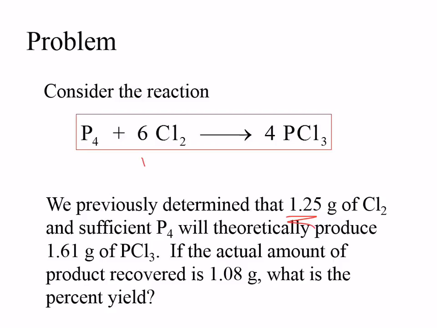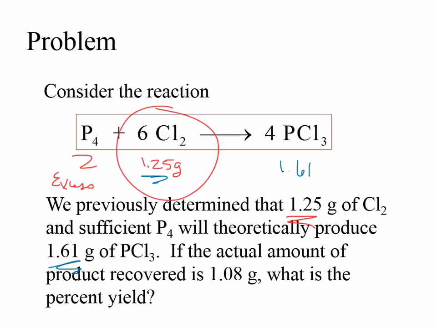If you start out with 1.25 grams of Cl2, and the other reactant, P4, is in sufficient supply or in excess, then we know we need to do a stoichiometric calculation on our Cl2. We said that you should produce 1.61 grams of PCl3. I'm going to start circling that. So that is your theoretical yield, bottom line.